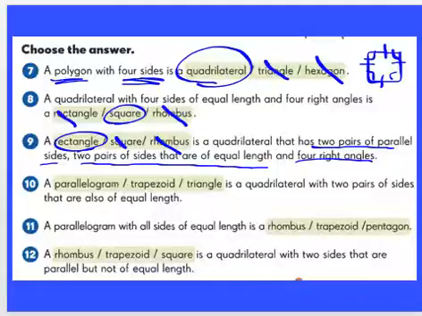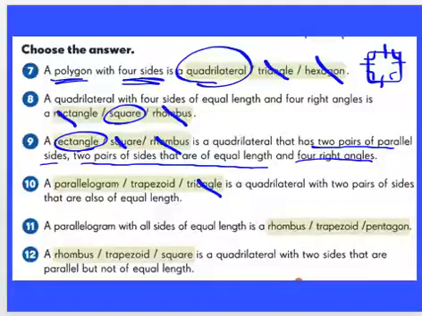All right, which of these is a quadrilateral with two pairs of sides that are also equal length? Let's see. Definitely not a triangle because I need a quadrilateral. So a parallelogram or a trapezoid. I need two pairs of sides that are equal length.